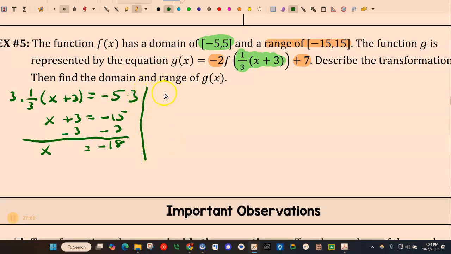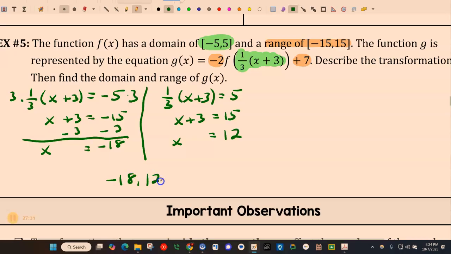All right, so repeat the same process. 1/3 x plus 3 equals positive 5, and then same steps. So I'll have x plus 3 equals 15, and then x will equal 12. So my new domain will be from negative 18 to 12.